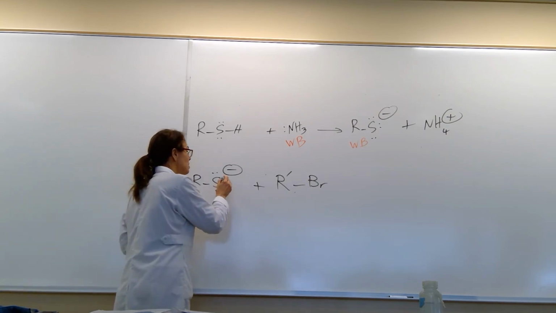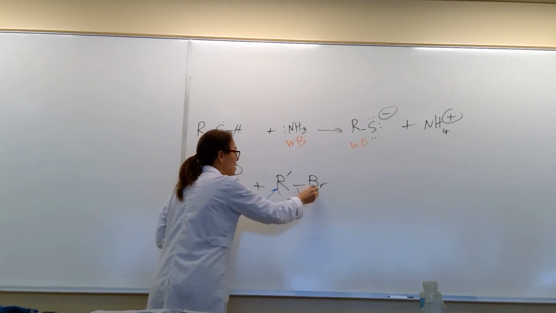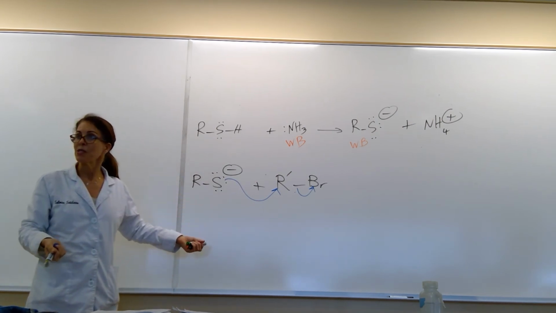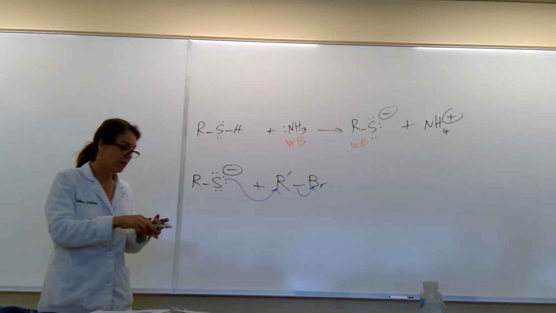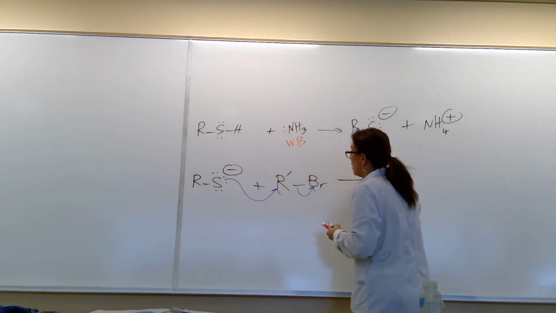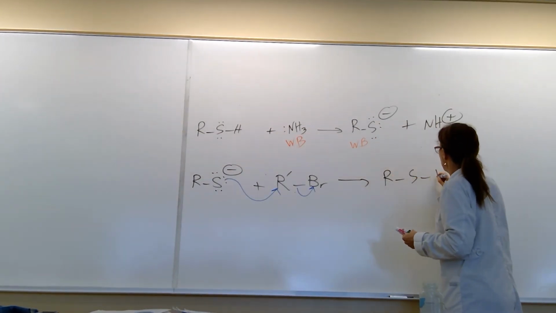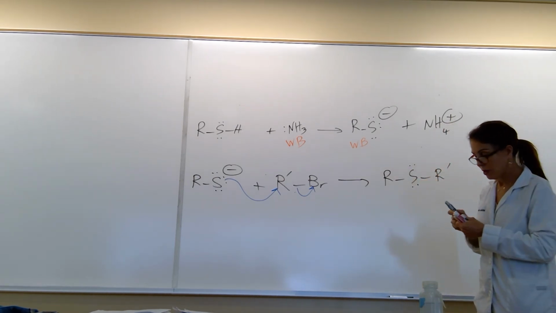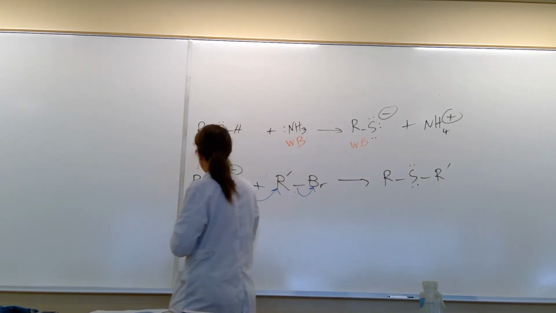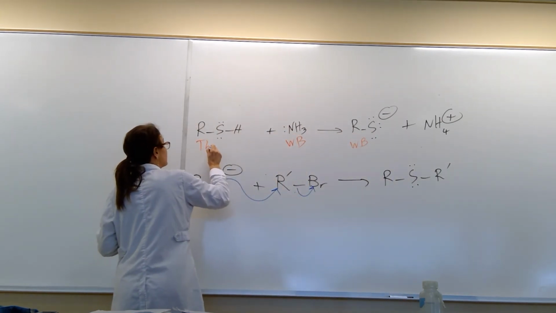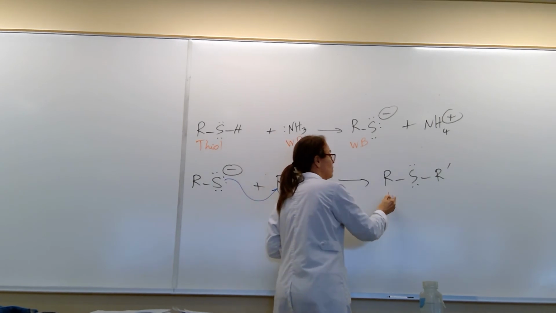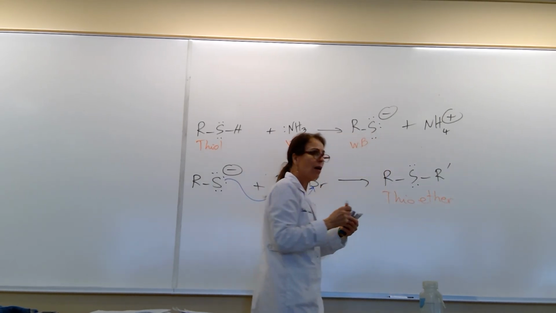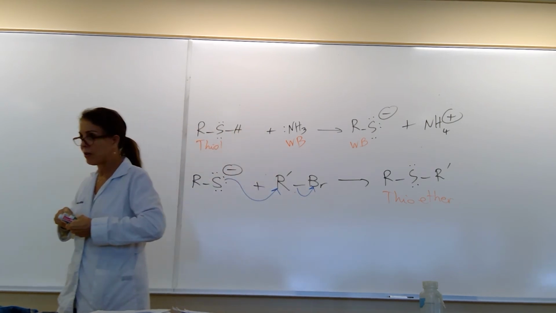In here, this is easy, this takes this, this takes off. Why? Because Br minus is still more stable than RS minus. So you end up with RS R prime, which is a thioether. You start with the thiol, you end up with a thioether.